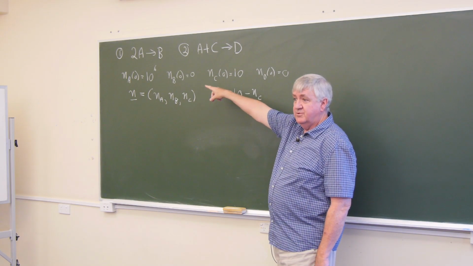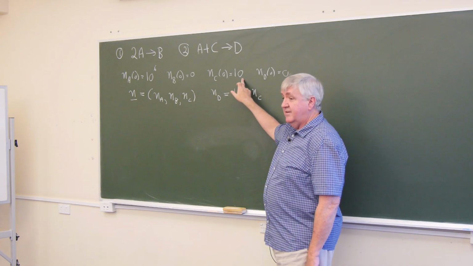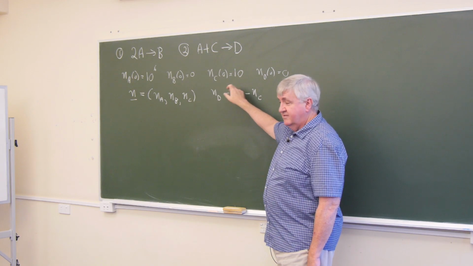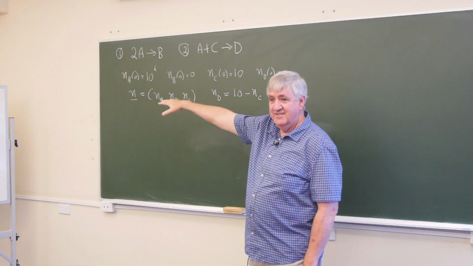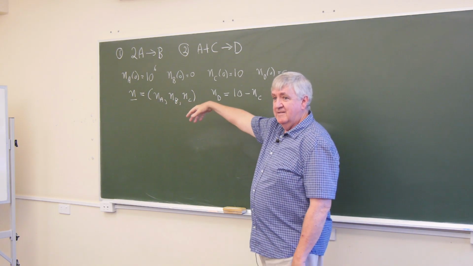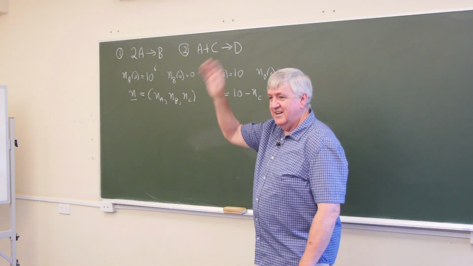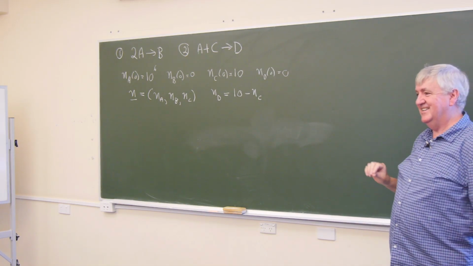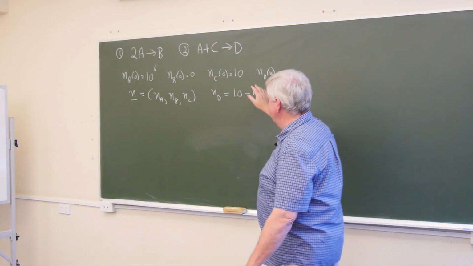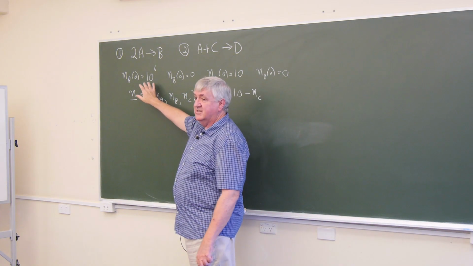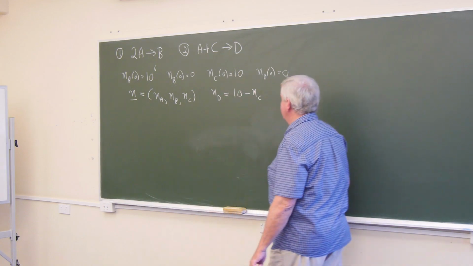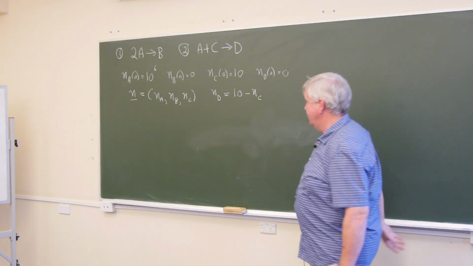If I'd written 10 to the 23 and 10 to the 17, which would be the right difference in order of magnitude, right, 10 to the 23, Avogadro's number, so we've got a mole of A, and you say, oh, 10 to the 17, that's another large amount, right? No, it's not. It's tiny, 10 to the 17 compared with 10 to the 23. So these are numbers, and I'm going to scale the reaction rates as well. They're going to be much, much smaller in practice. So 10 of C, 10 to the 6th of A.